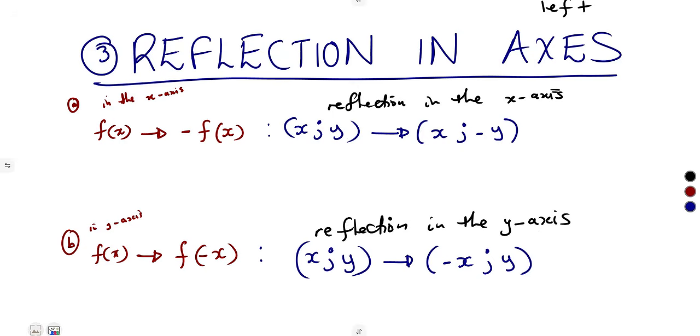Let's say we are given a function f of x. As there are two reflections, let us consider them separately. Let us start with the reflection in the x-axis. All the questions that you are going to have for now, we are going to reflect everything, a point or a function, in the x-axis.